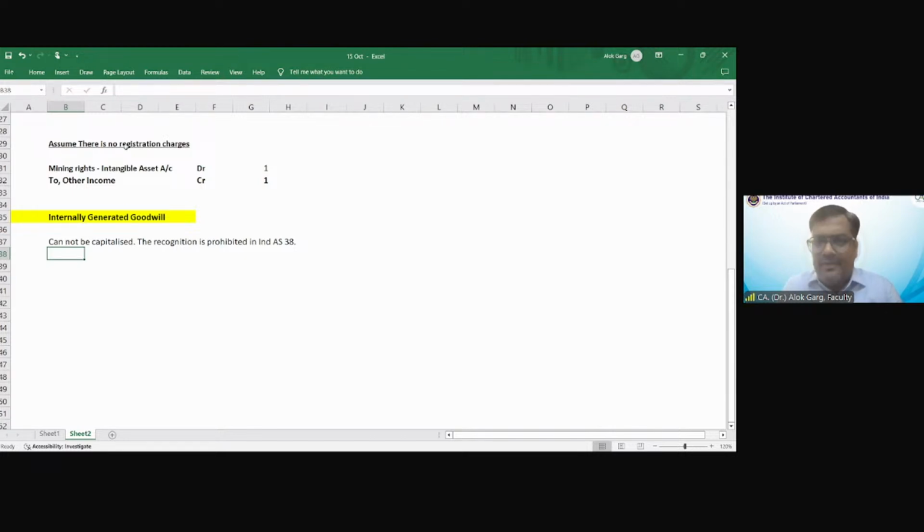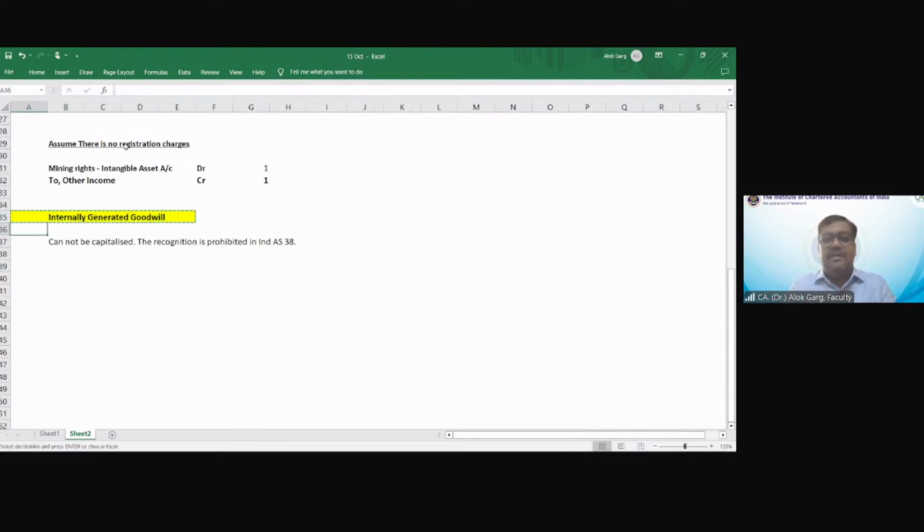You remember we did the business combination concept, intangible asset acquired by way of business combination. And there, if the company has paid a purchase consideration which is over and above the fair value of the net assets, the differential will go to the goodwill, right? So it is known as a purchased goodwill. It is not known as an internally generated goodwill. Okay, is that clear?